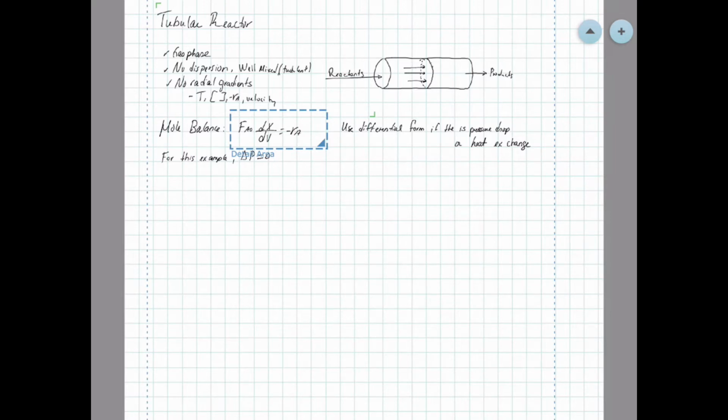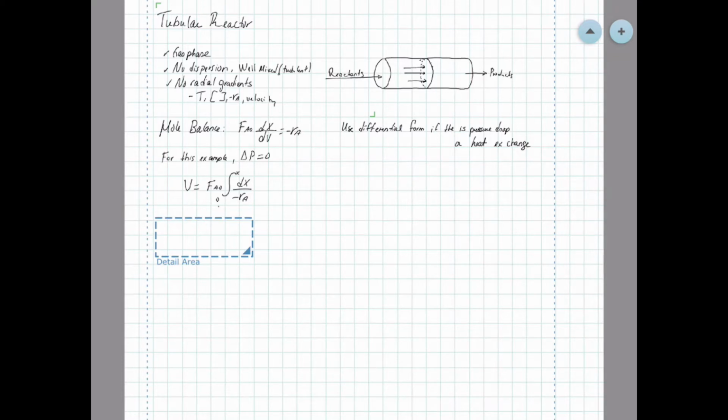Just to simplify the derivation and analyze a plug flow reactor, and see how the conversion relates with the Damköhler number for this particular reactor, we're going to assume that the pressure drop equals 0. That gives us that the volume can be related by the following integral form of the plug flow design equation.